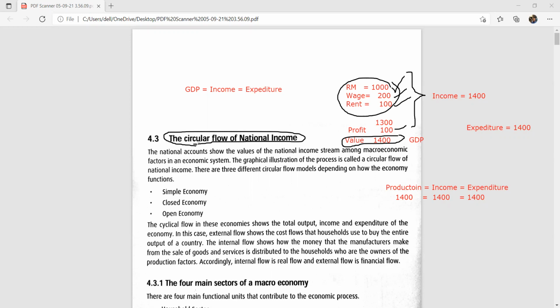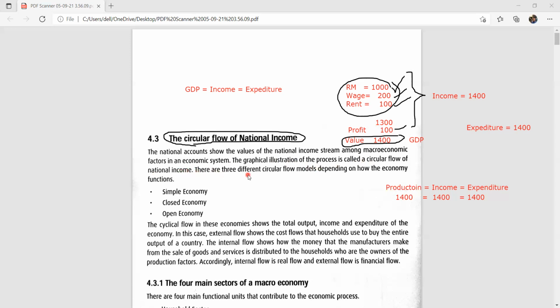That's how circular flow of income is calculated. The national accounts show the value of national income stream among macroeconomic factors in an economic system. The graphical illustration of the process is called circular flow of national income.